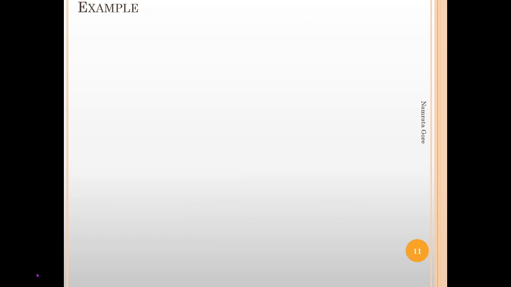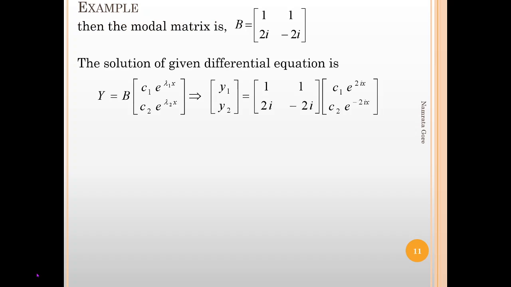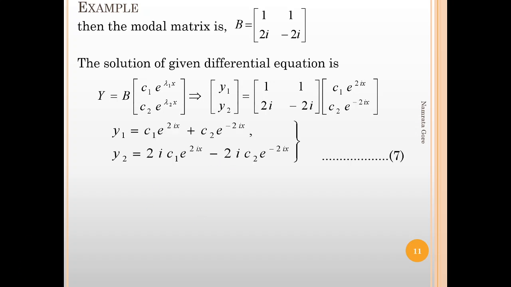Both eigenvectors written together give the modal matrix, and the solution of the differential equation is y equal to, where y we substitute as y1, y2, B is the modal matrix, and in place of lambda 1 it is 2i, in place of lambda 2 it is minus 2i.